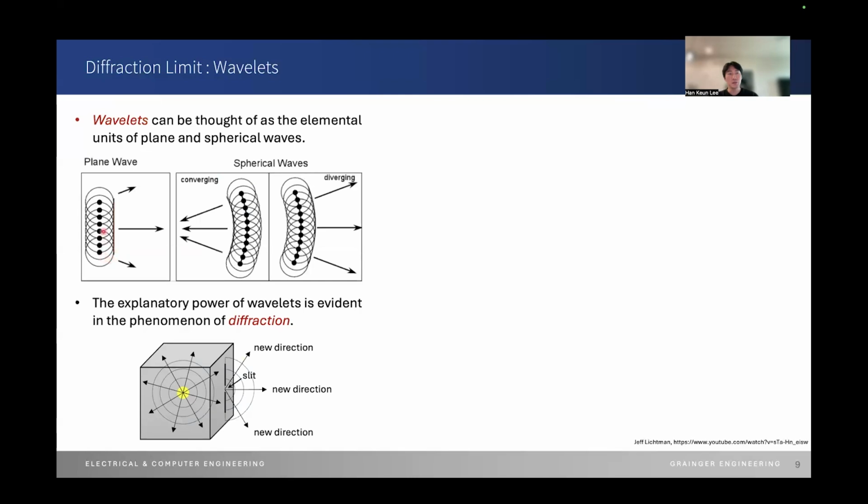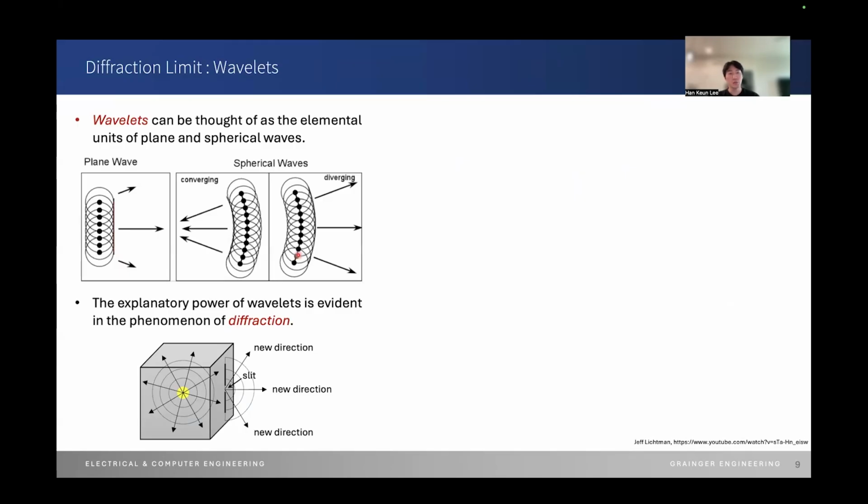You can think of it this way: when all these wavelets interfere with each other, they create a constructive interference, and this is where the crest of the plane wave is. And when these points are in a curvature, pointing to one direction, this is what we call the converging spherical wave, and this is the diverging spherical wave.